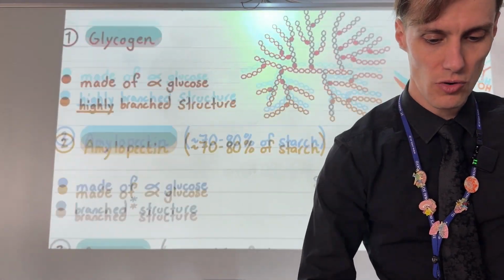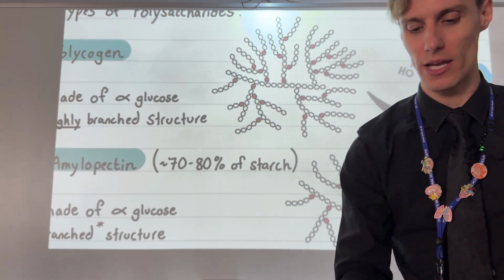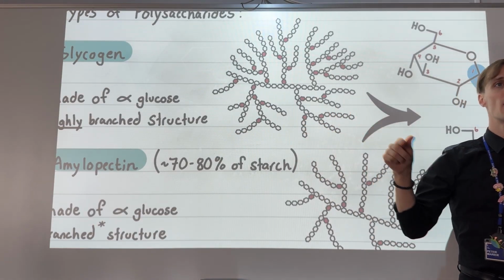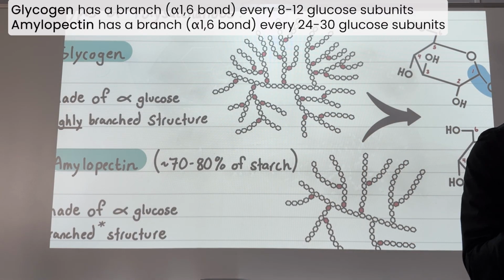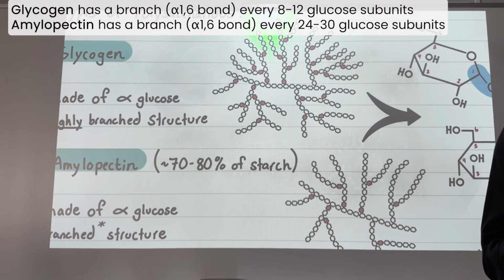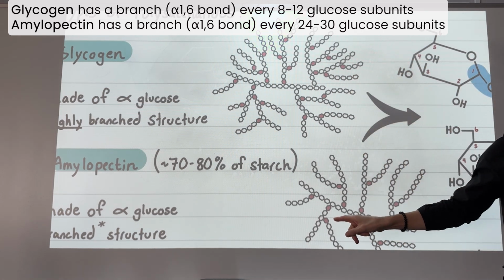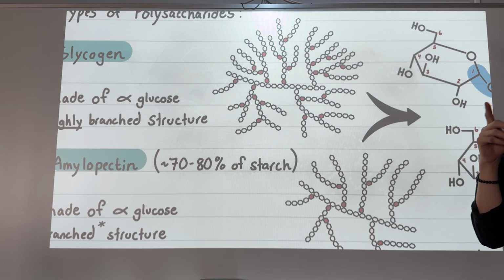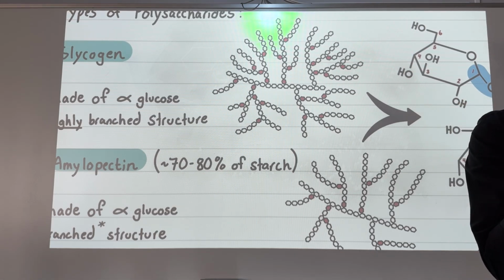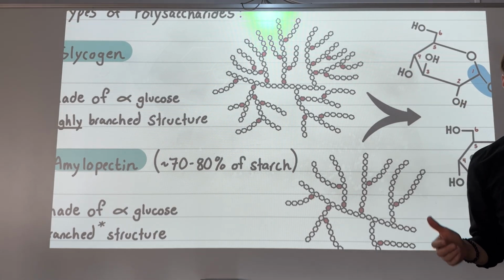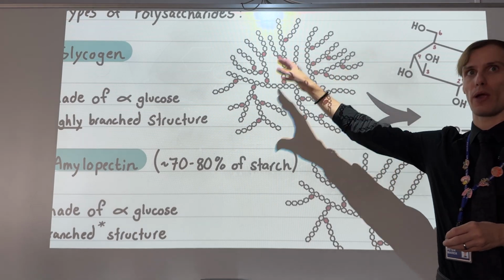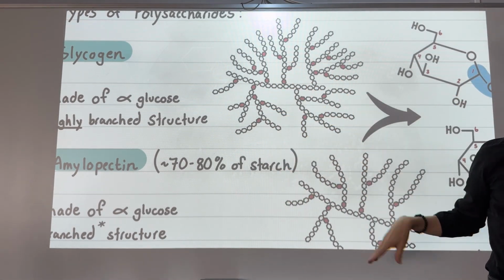However, I tried to show these two in this drawing here, but if you were to compare the relative proportion of alpha 1,6 glycosidic bonds, they're far more prevalent in glycogen than they are in amylopectin. So while both glycogen and amylopectin are branched, on average, there'd be significantly more branching in glycogen than in amylopectin.